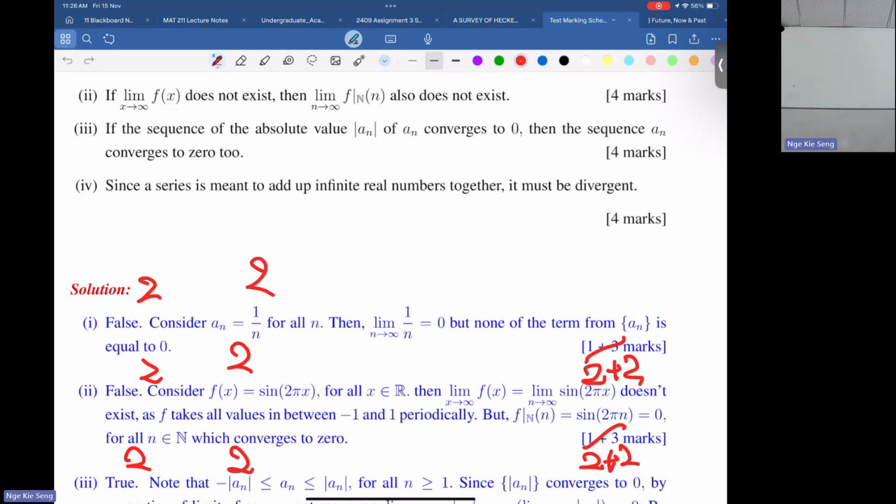But if you look at the multiples of 2 pi, then it's just 0 all the way.